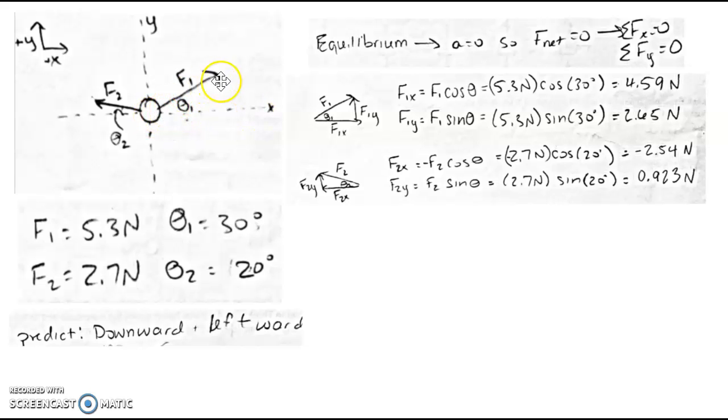Our hypotenuse is going to be F1. I can make my right triangle by drawing a vector to the right and a vector up. Remember, we're adding up these vectors using the tail to tip method, and our resultant vector is F1.